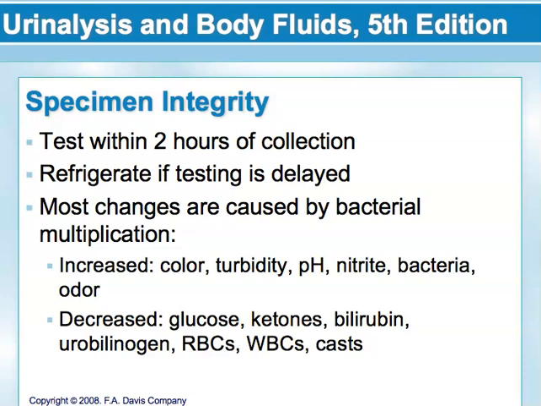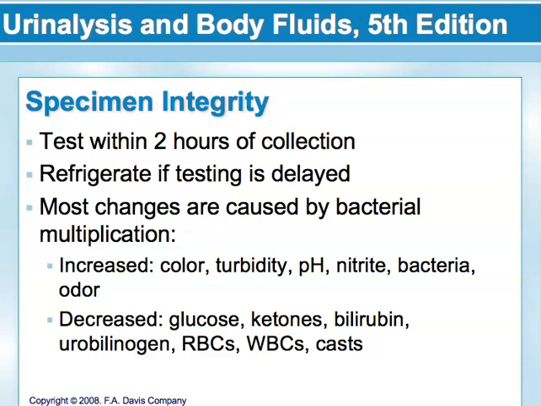Most of those changes that occur are related to bacterial multiplication. So if there's bacteria already present in the sample and then it's allowed to sit out at room temperature, those bacteria are going to multiply rapidly, and that bacterial multiplication can lead to other changes in the sample.